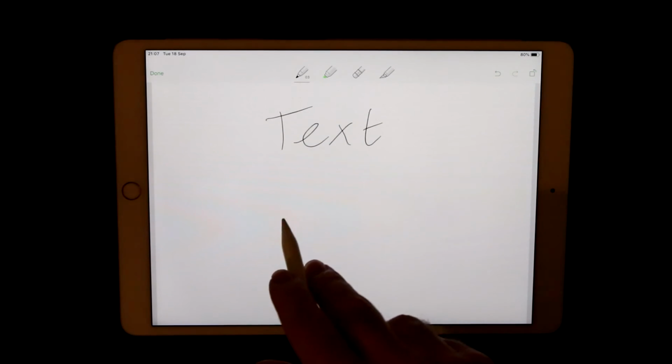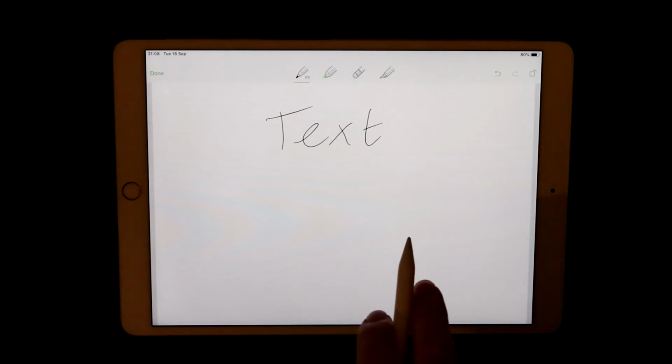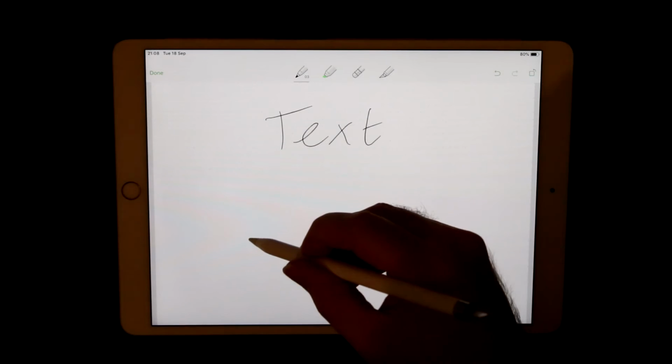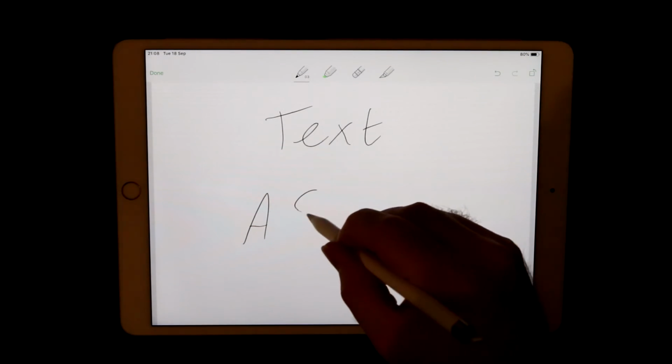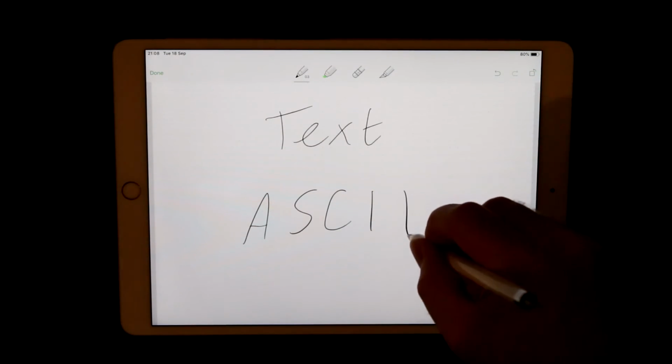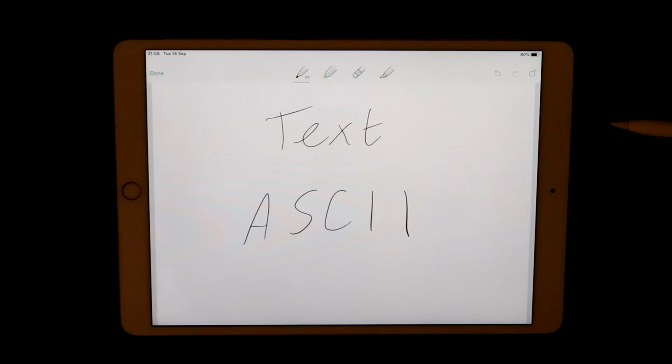There is a standard mapping from numbers to letters called ASCII, A-S-C-I-I. Now, I can't remember what this stands for. I think the two I's stand for information interchange, and I think the A stands for America.